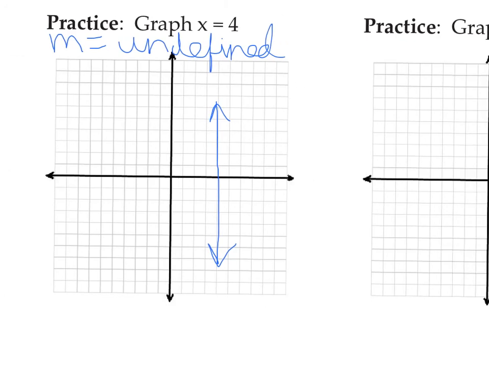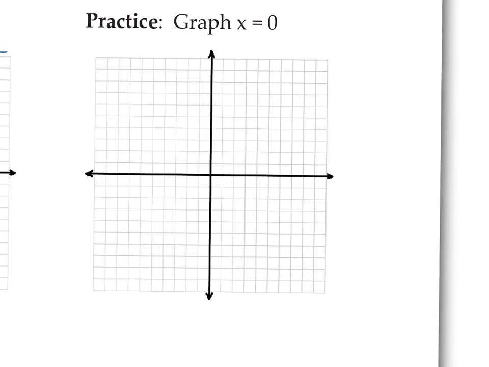On the third one, we're going to practice graphing x equals 0. So where is x 0? Well, right here at the origin, the graph of x equals 0 is the y-axis. So we can go over it with our pen to indicate that this is right here on the y-axis, and we also know the slope is undefined.